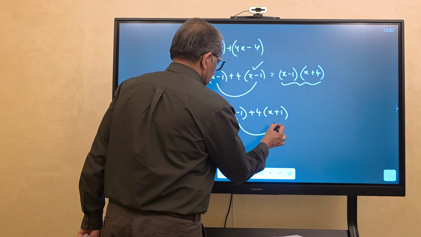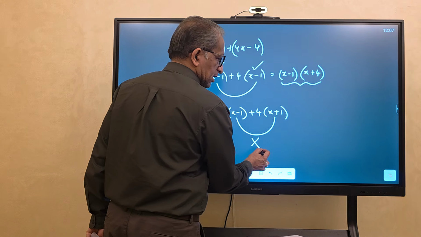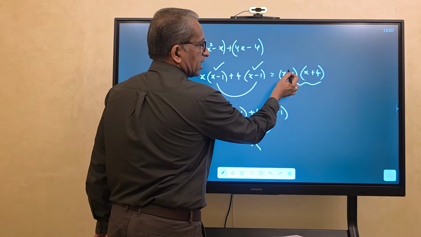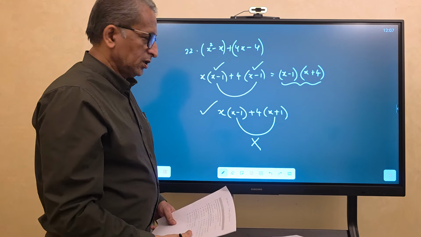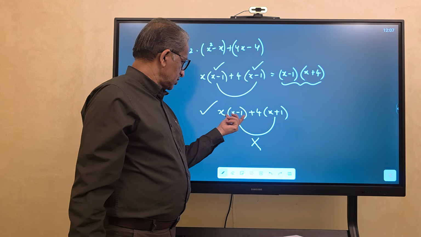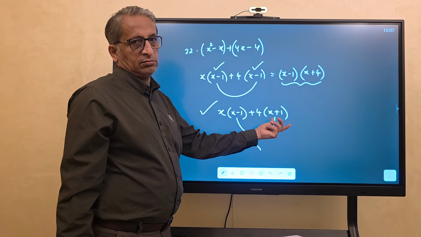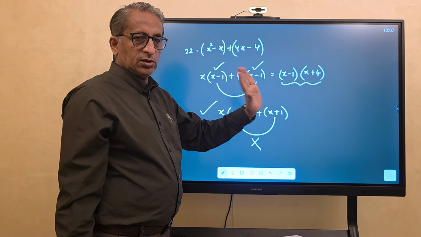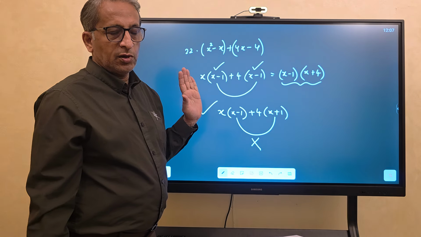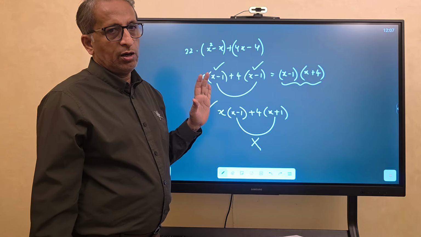Now you see that these two are not the same, so you cannot take common like this. If the terms are not the same, you cannot do that problem by grouping.